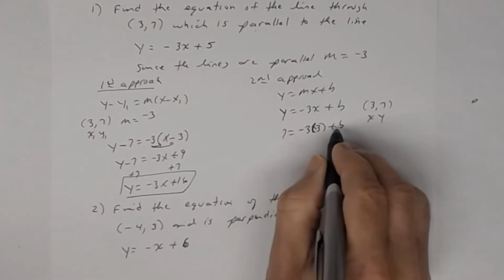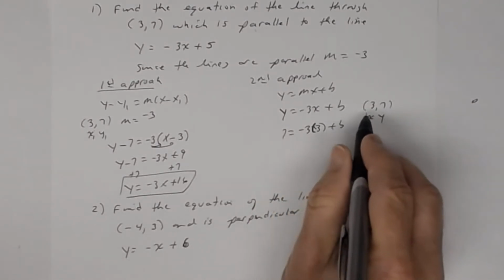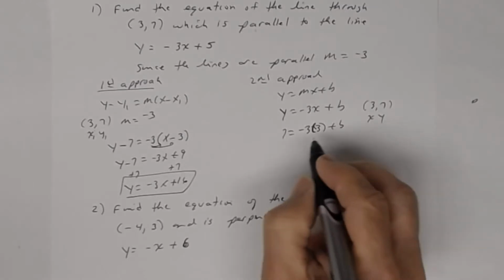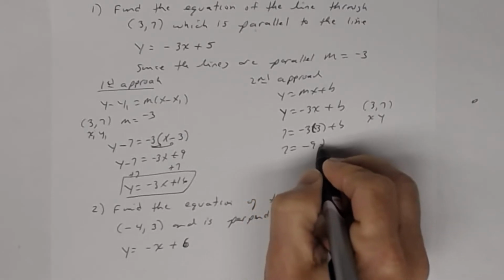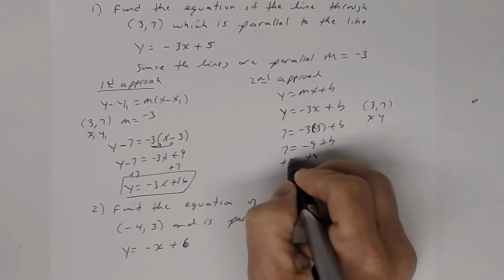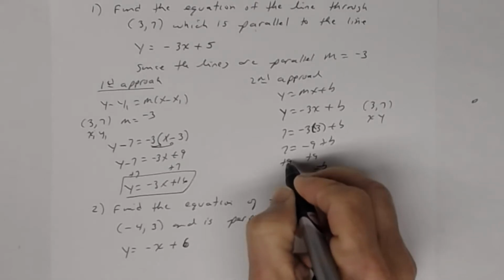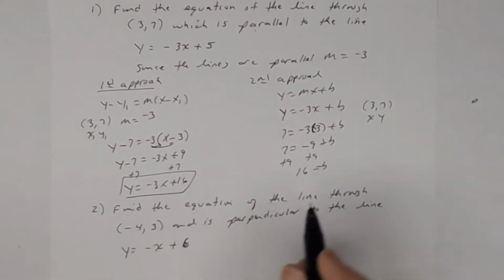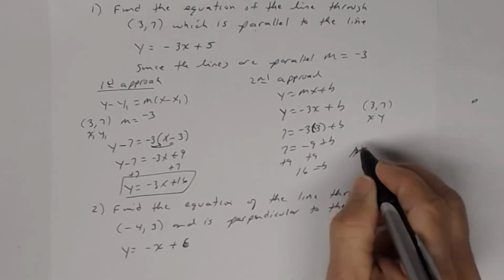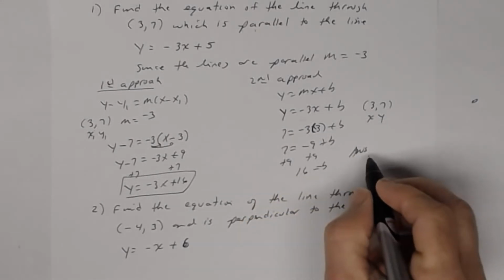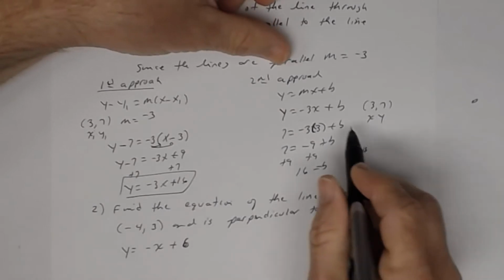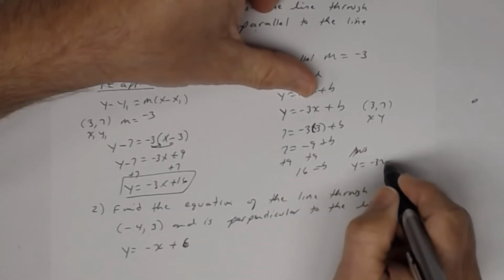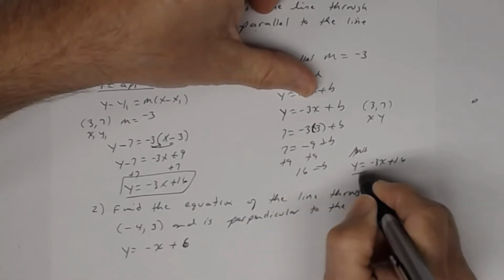That's how you find b: substitute and then get b by itself. So I get 7 equals -9 plus b. Adding 9 to both sides, I get b equals 9 plus 7 is 16, which we knew from the other problem. So therefore the answer is y equals -3x plus 16.